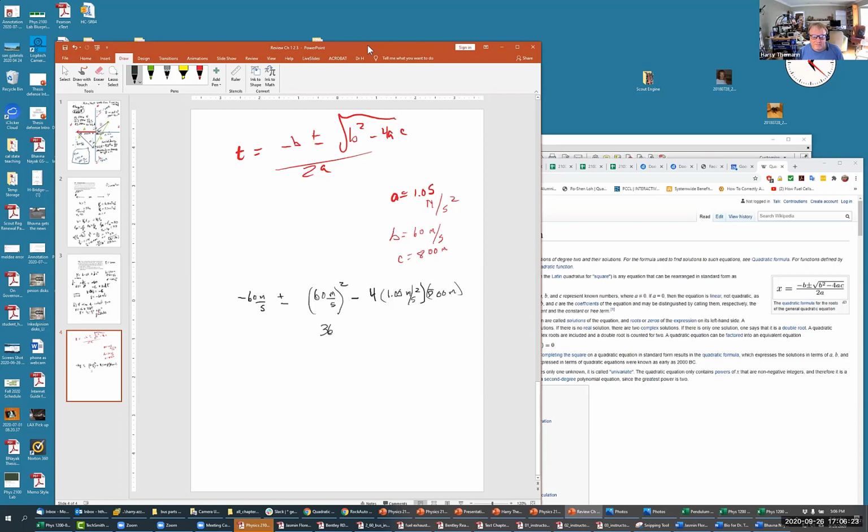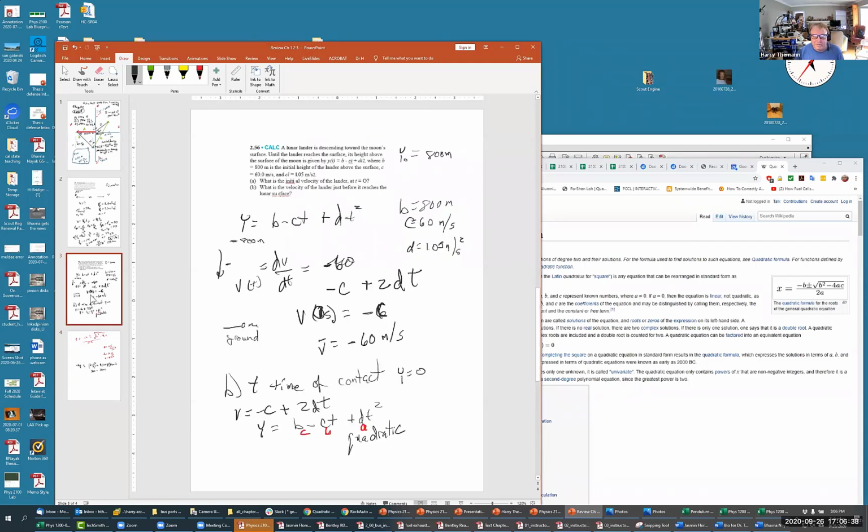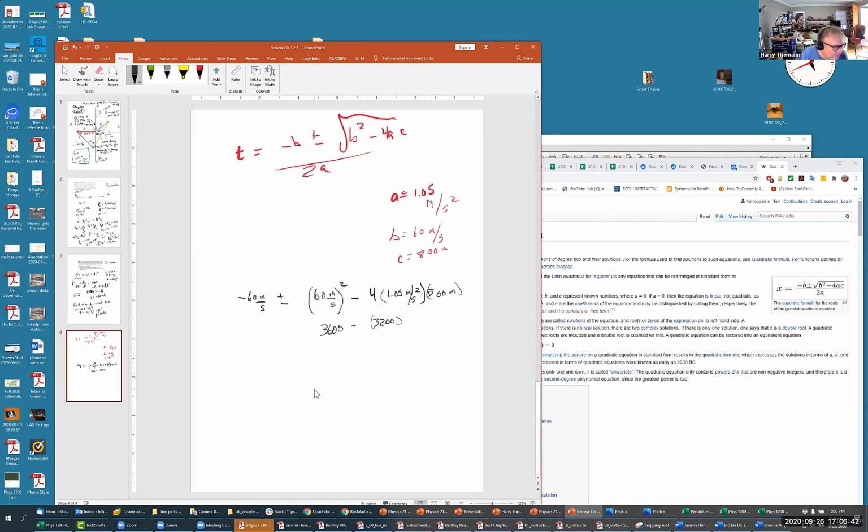So 3,600 minus 3,200 times 1.05. Oh my God, what a lame thing to put. And that's square rooted.